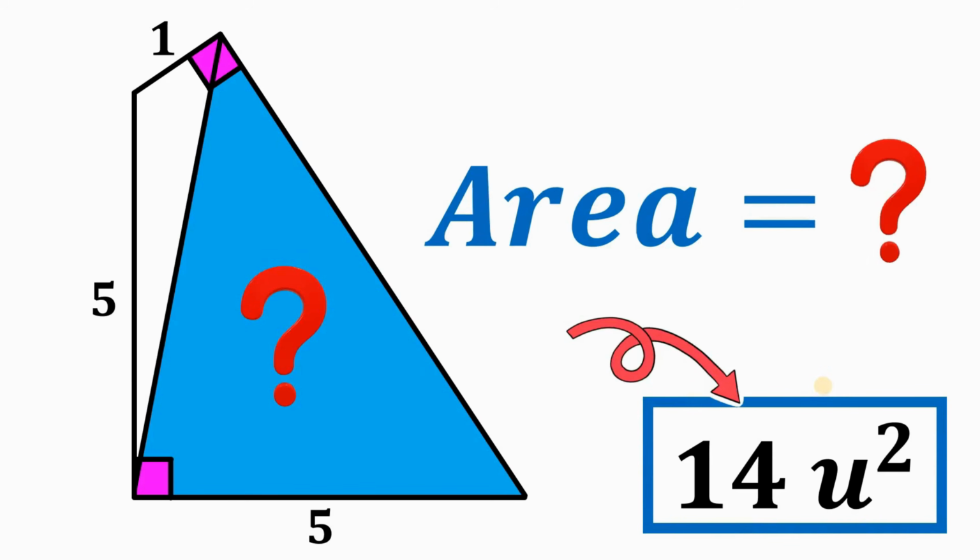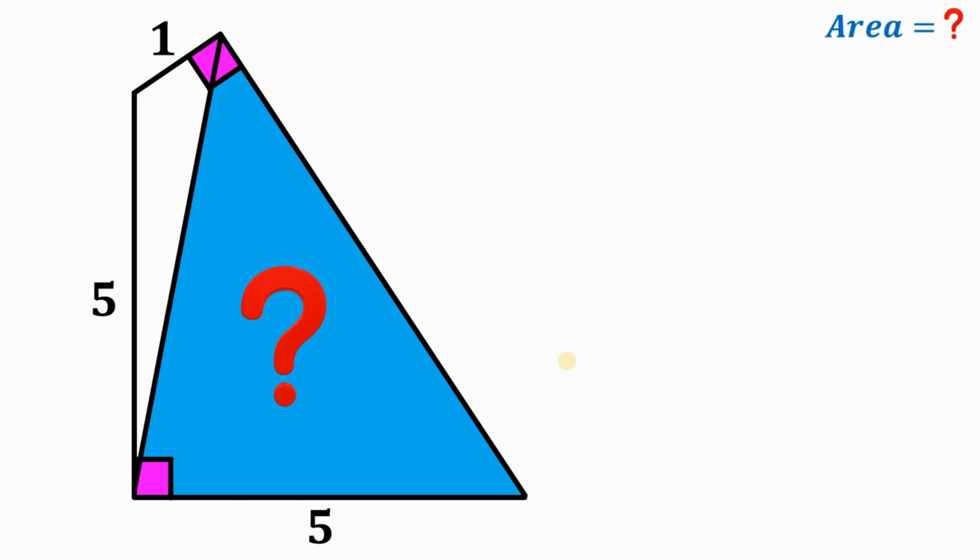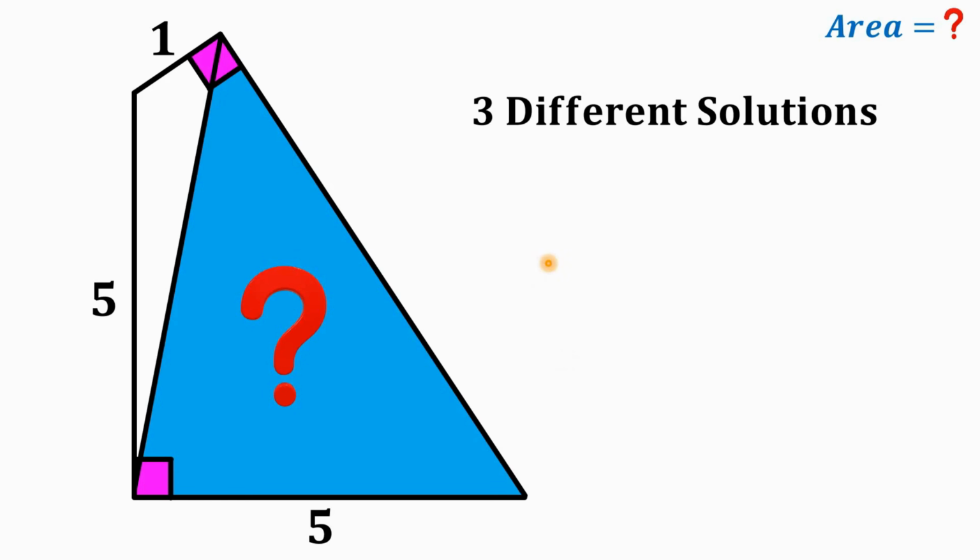In this video, I will show you 3 different methods to arrive at the correct answer, 14 square units. So the first method is using Ptolemy's theorem, because this opposite angle equals 180. In short, this quadrilateral can be inscribed in a circle.